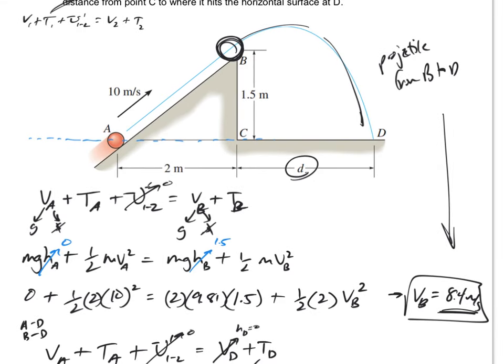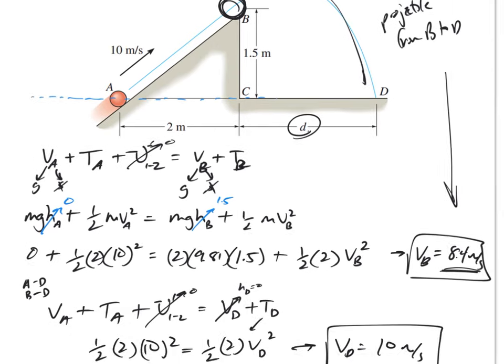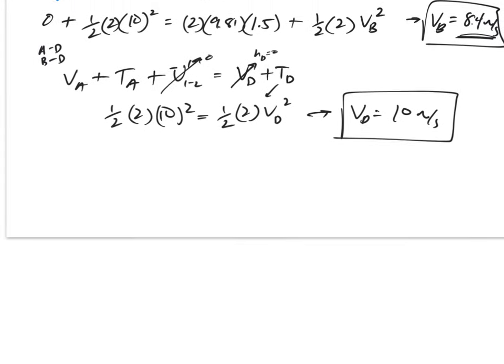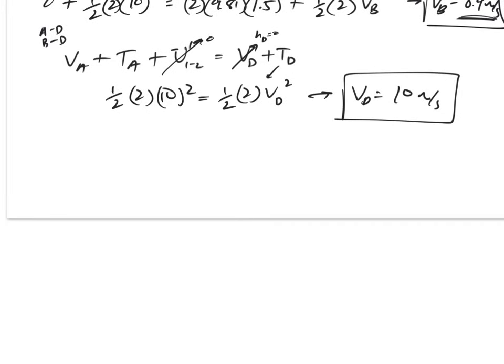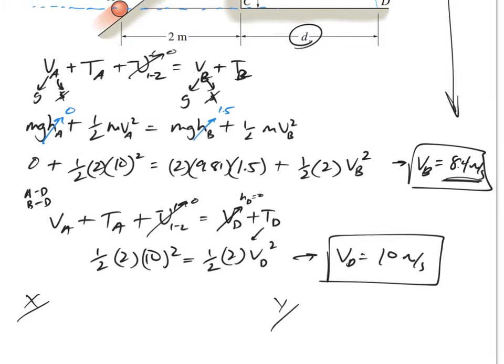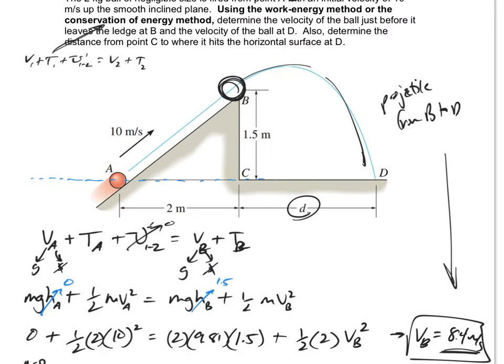All my projectile problems, I separate X and Y. So I'm going to do that. I'm going to separate X from Y. And I could list out my initial conditions, what I do know. One thing that I need to figure out is the direction of that velocity, right? I know that the velocity at B is 8.4 meters per second, but what direction is it?